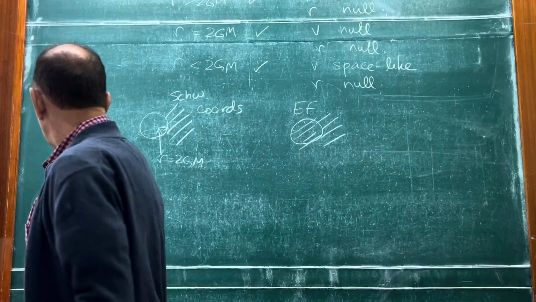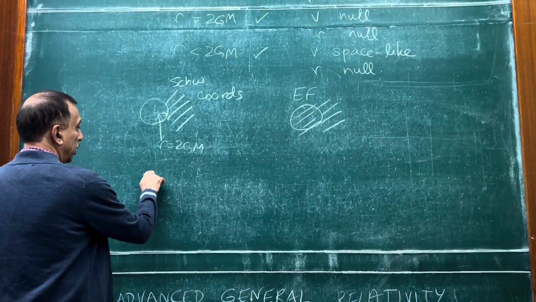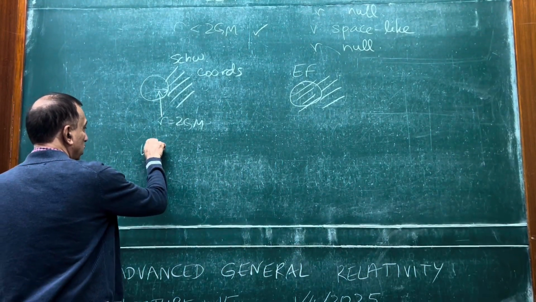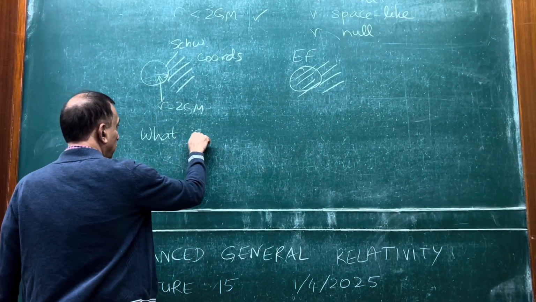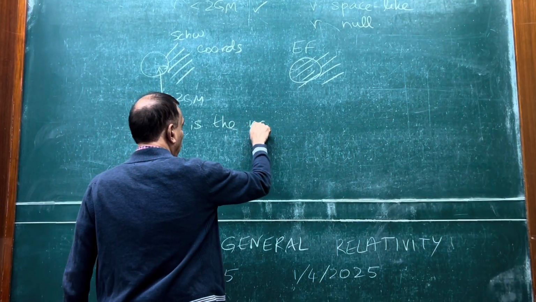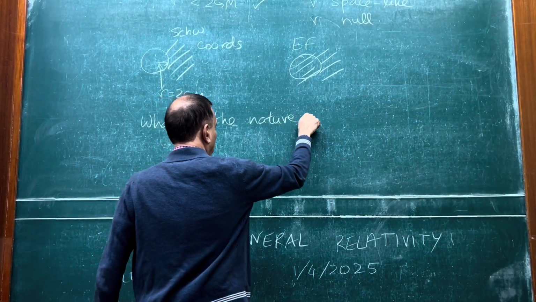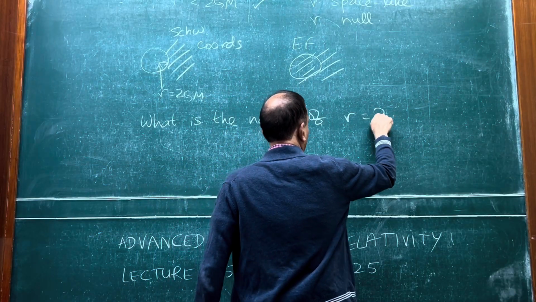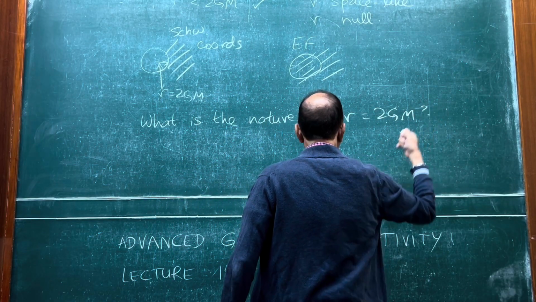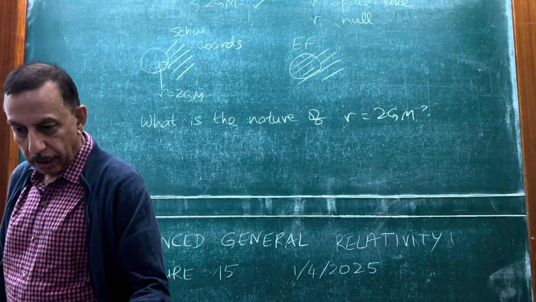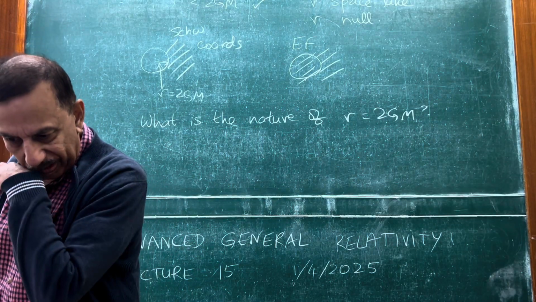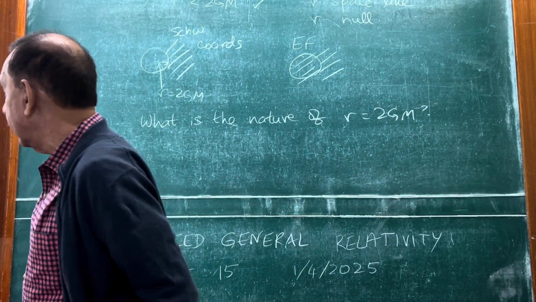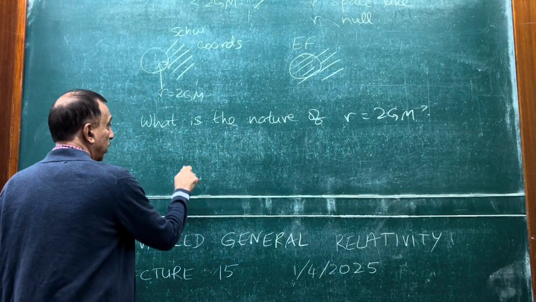Okay. Now let's understand, what is the nature of r equals 2GM? Well, we can understand this by finding the normal vector.